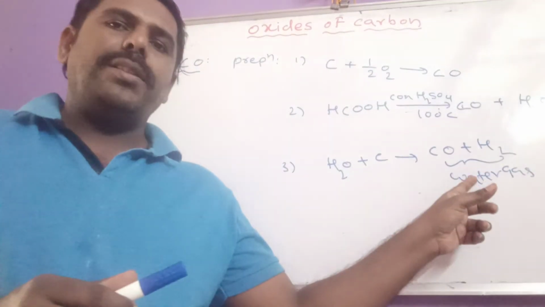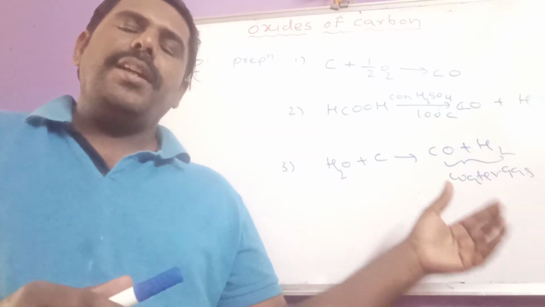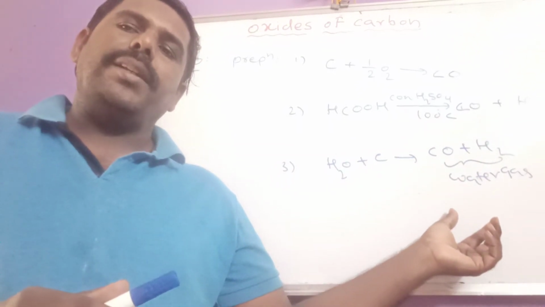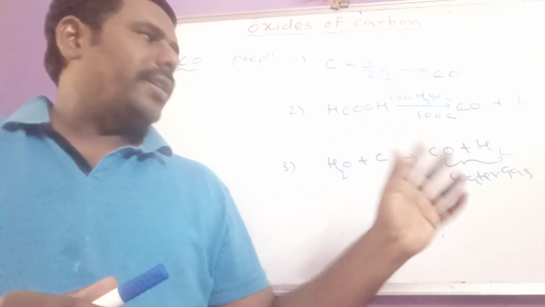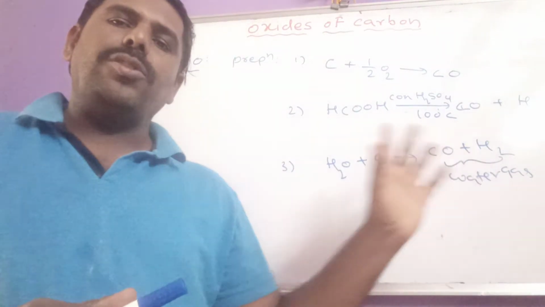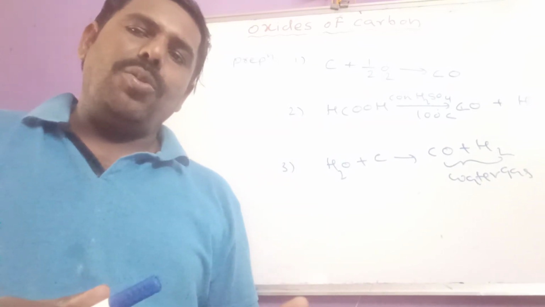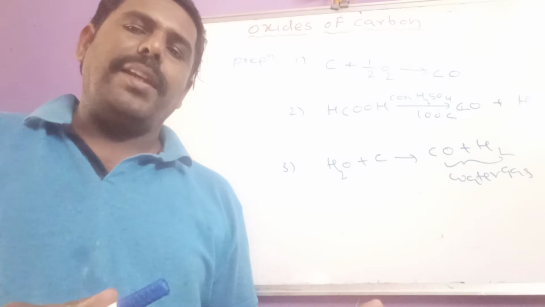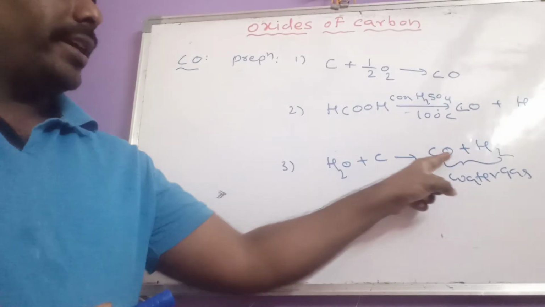It is also known as syn gas because it is used in the synthesis of methanol and other industrial products. So this CO plus H2 is known as water gas, blue gas and also syn gas.